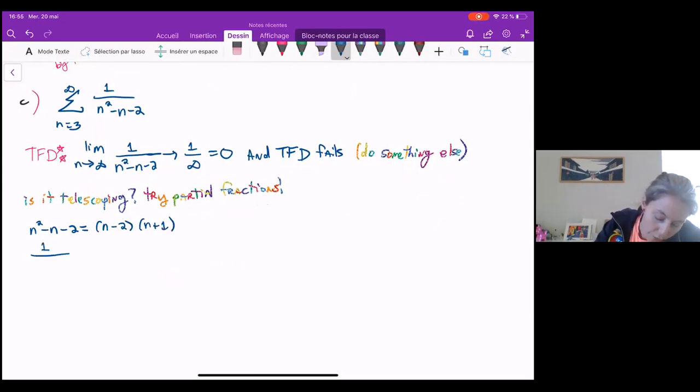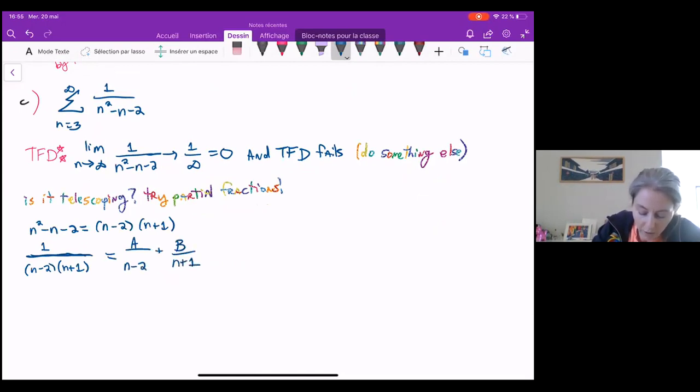So 1 over n minus 2 times n plus 1 is equal to, we're doing the same technique that we did in the integral we did earlier, A over n minus 2 plus B over n plus 1, and we multiply that denominator over to get A times n plus 1 plus B times n minus 2. What are my zeros that I'm going to plug in here? n equals 2 and negative 1.